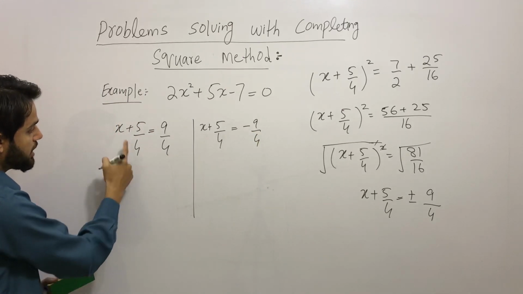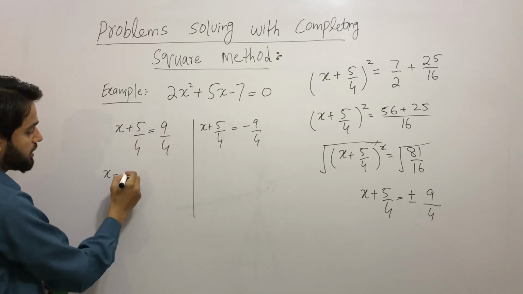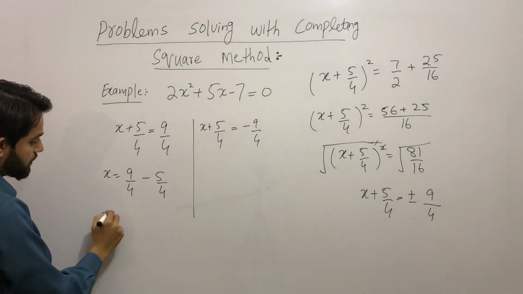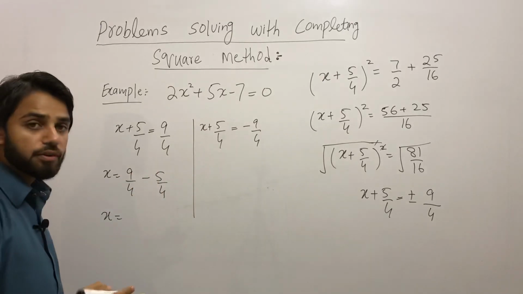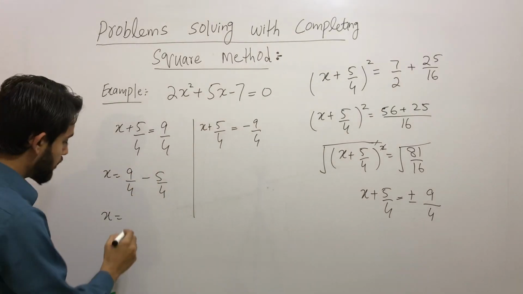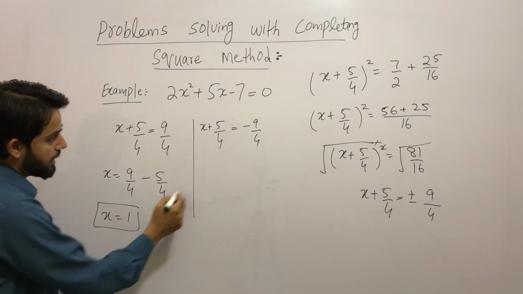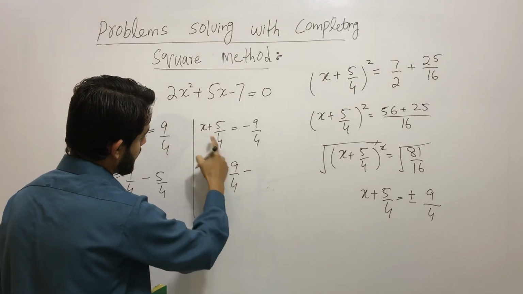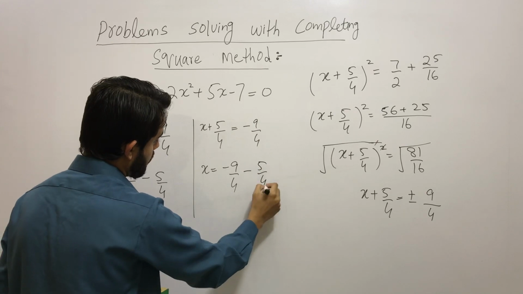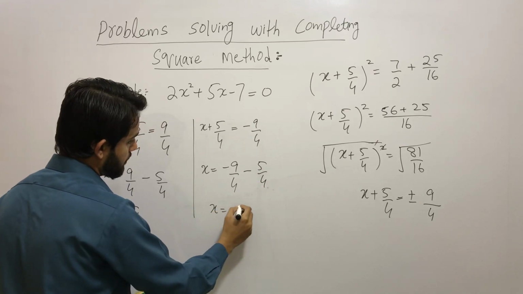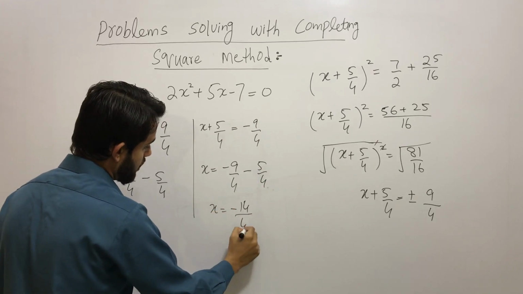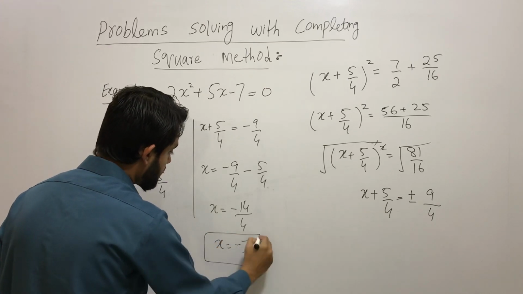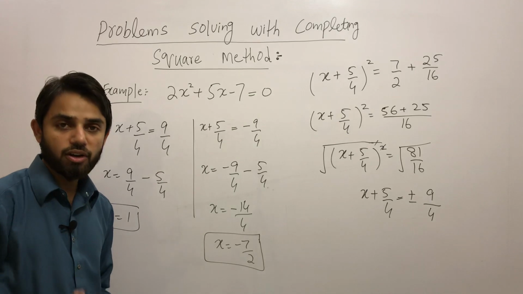Once you shift 5 over 4 to the other side, it would become minus. So x will be equal to 9 minus 5, which is 4, and 4 over 4 will give you 1. And over here x will be equal to minus 9 over 4 and then minus 5 over 4. Simplify this, and it would become minus 14 over 4, which is basically minus 7 over 2. So these are the two values that we have got for x.